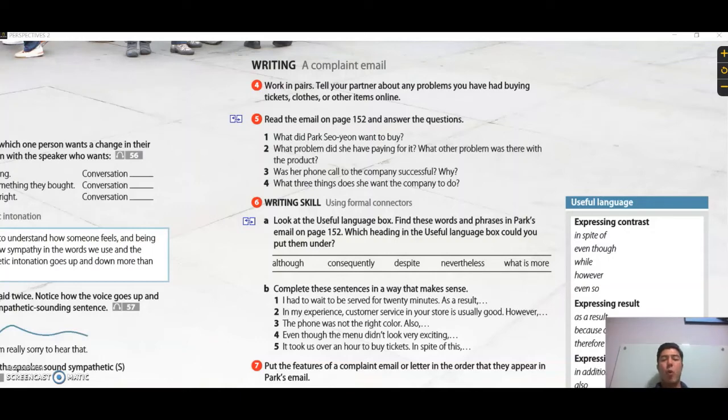Number 2, what problems did she have paying for it? What other problems were there with the product? The problem she had was paying for it. She had a gift card. It's a very common card where a person gives you a gift on your birthday or on another very important occasion for you.